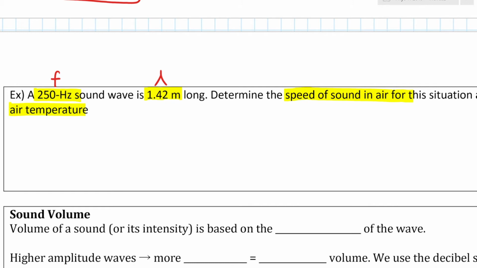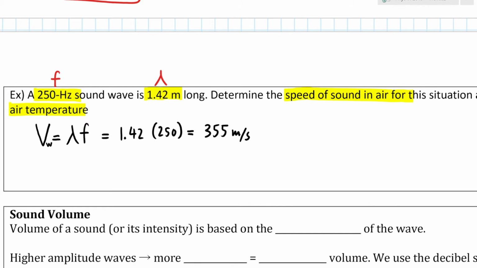With frequency and wavelength, we can use the second equation that we wrote down earlier. So this goes with any wave, which is lambda f. So the speed of a wave is lambda f. So we put 1.42 meters and 250 hertz to get, well, the speed of the sound is 355 meters per second in your calculator.